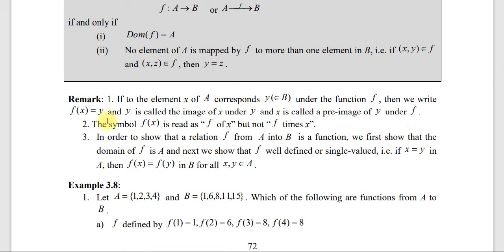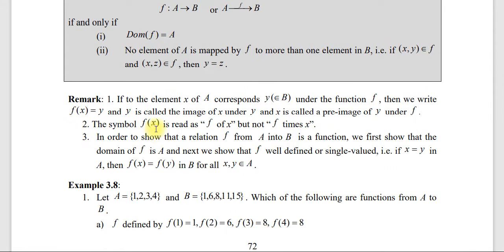So x is a pre-image of y and y is the image of x under f.